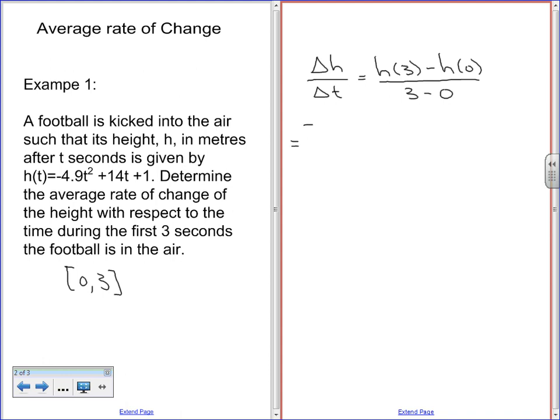So to determine the height of the football at 3 seconds, I substitute 3 into the height function. And to determine the height of the football at 0 seconds, I substitute 0 into the height function.